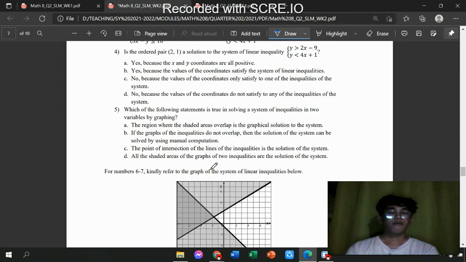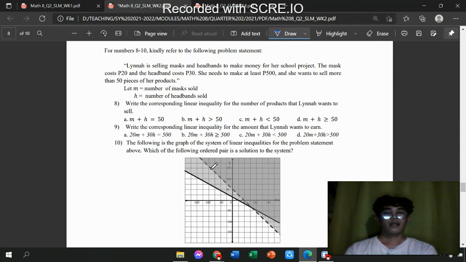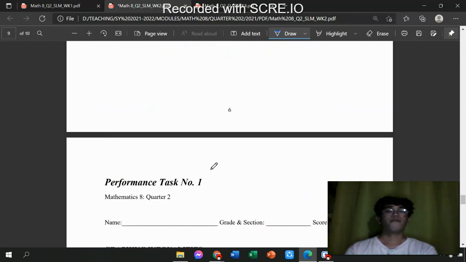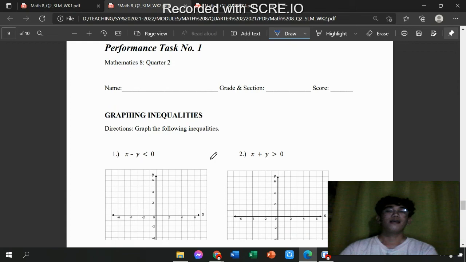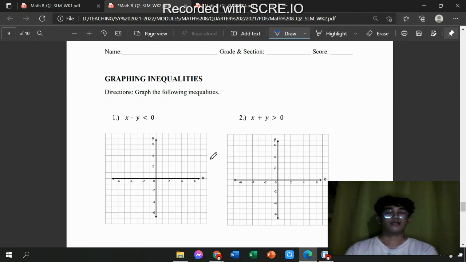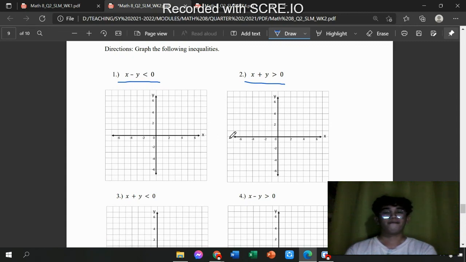And also included sa atong Module 2 is performance task number 1. Graph the following inequalities. So given nga inequalities, you just have to graph the given inequalities.